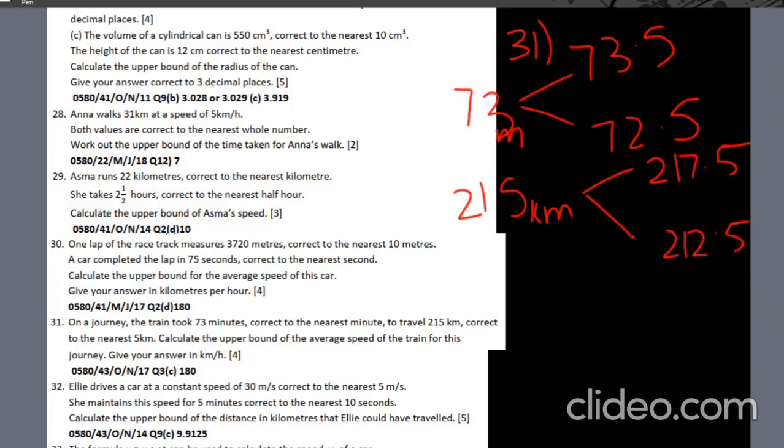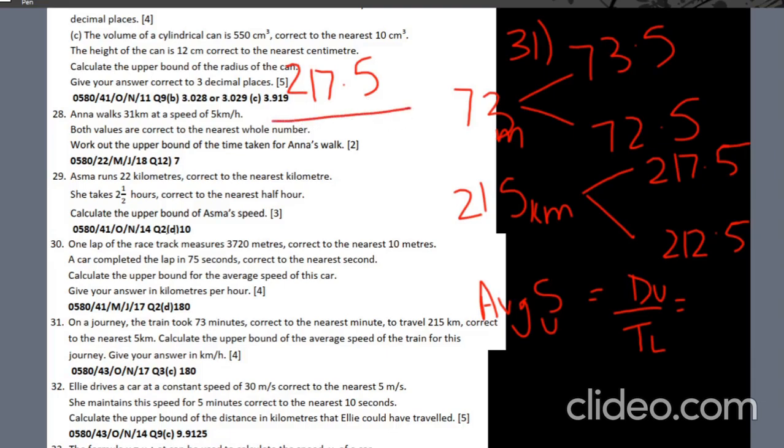Calculate the upper bound for the average speed. Average speed is total distance over total time, and we need the upper bound for this. So that means we need upper bound of the numerator and lower bound for the denominator. So distance in upper bound is 217.5 and time in lower bound is 72.5.